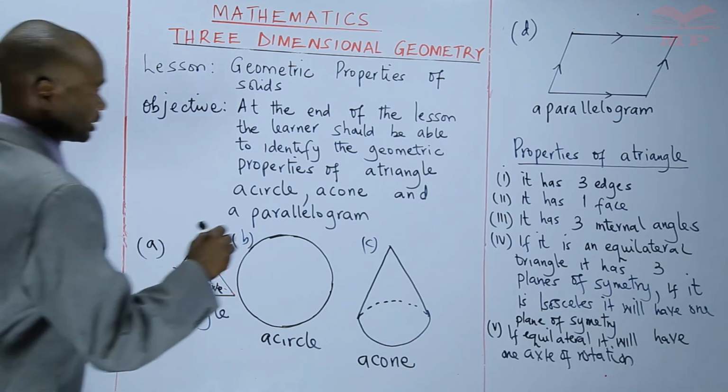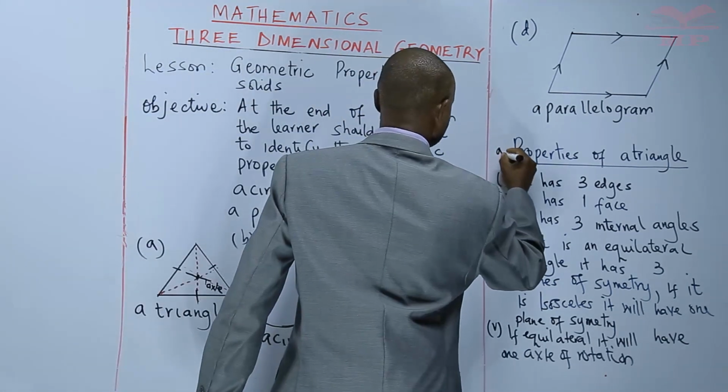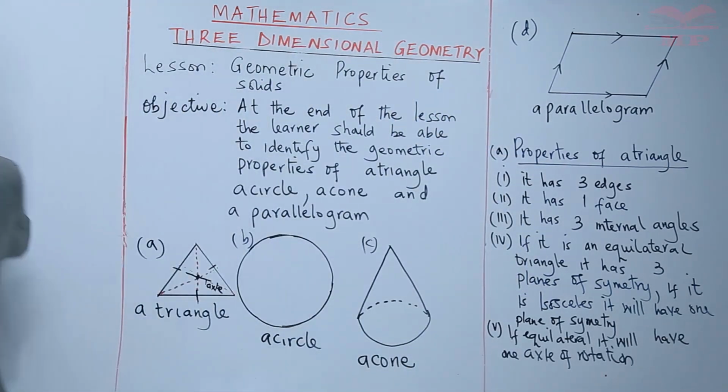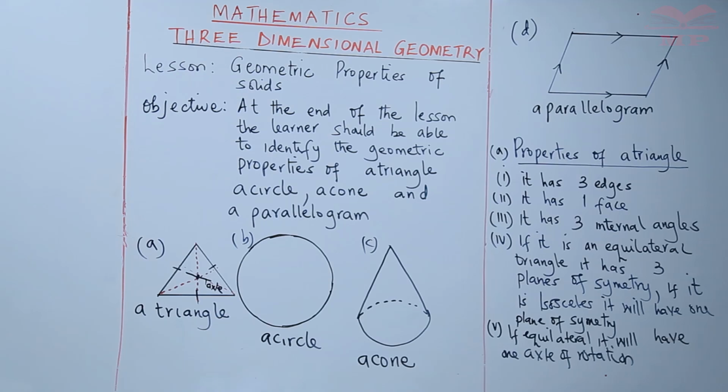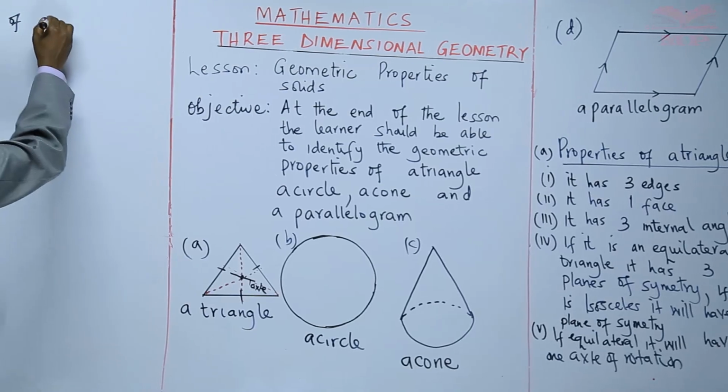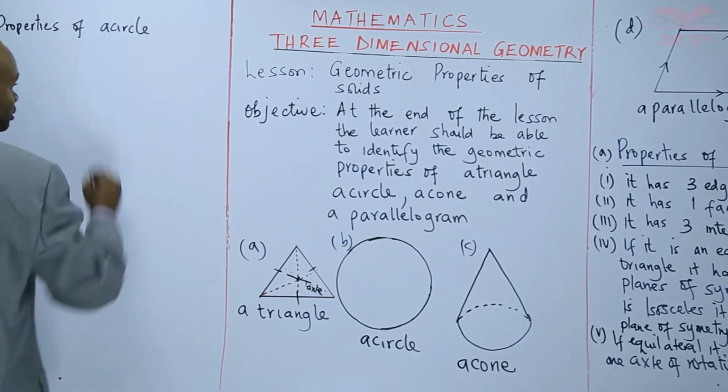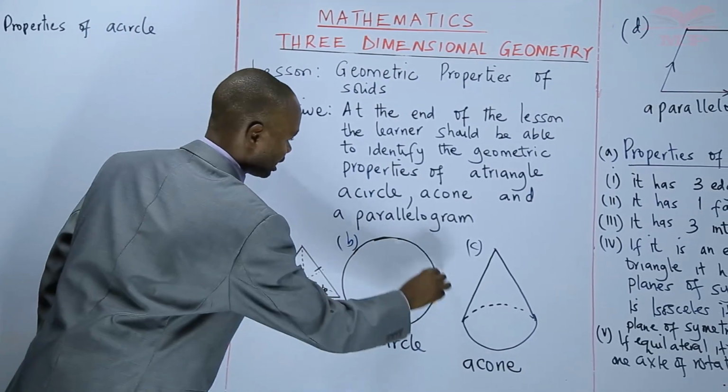We shall then come to a circle, B, a circle. Since we have a circle there, I won't draw it again. So straight to the point, it will have one edge.